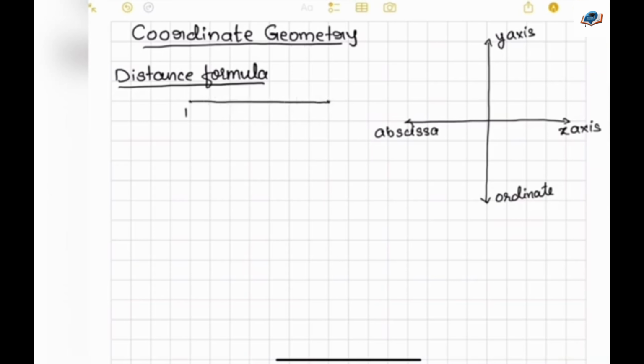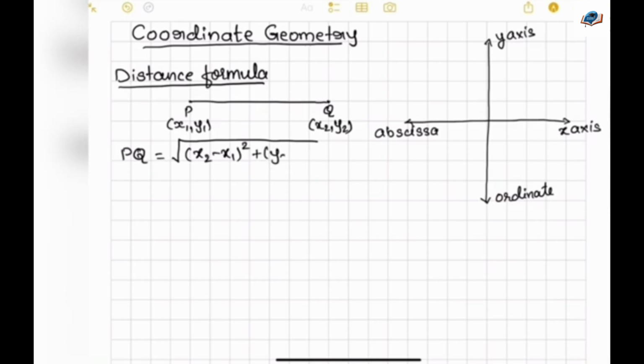So I will have two coordinates for them, x1, y1, x2, y2. If I want to find the distance PQ, it will be the square root of (x2 minus x1) whole square plus (y2 minus y1) whole square. This is called the distance formula, and it gives us the shortest distance. We call it distance.